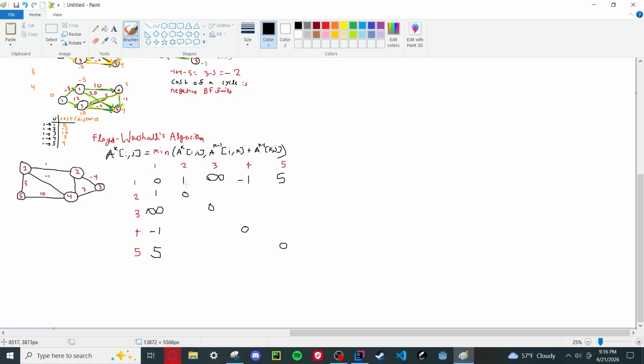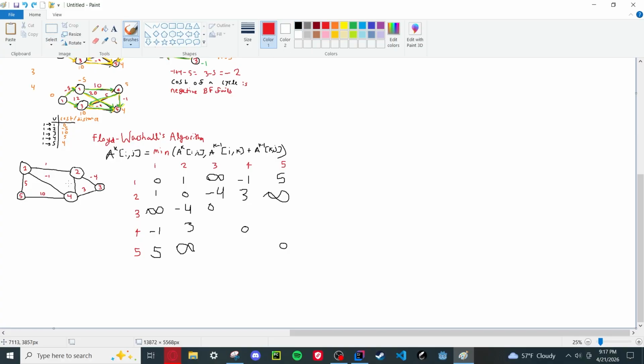2 to 3 is going to be negative 4. 2 to 4 is 3. Oh, we're not there yet. 2 to 5 is infinity, and 5 to 2 is infinity down here. 3 to 4 is 3. Oh, did I not give this one away? Yeah, that's what happened.